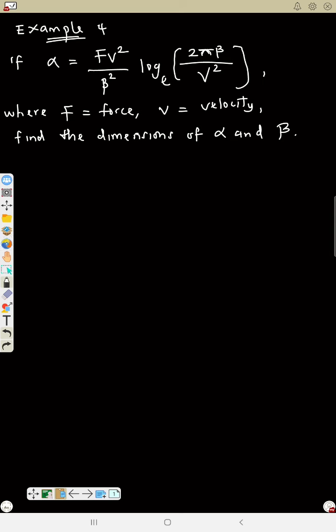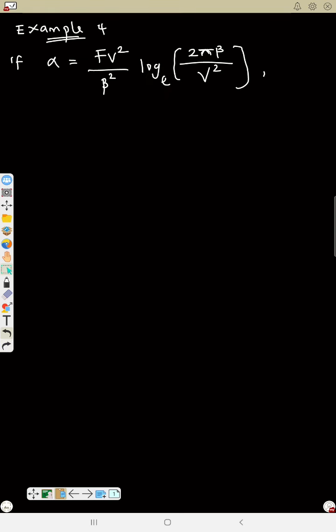So to find beta here, based on our techniques, I've already explained that if you have log to base e, everything inside the log is dimensionless, and also the whole log is dimensionless.